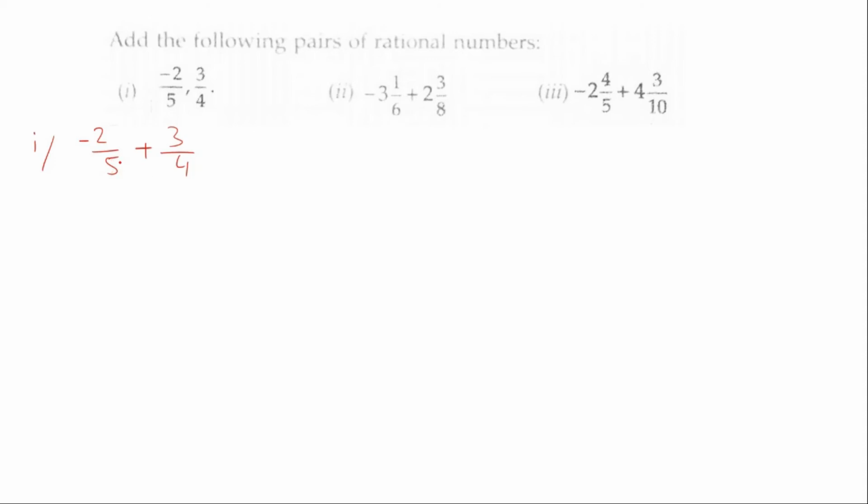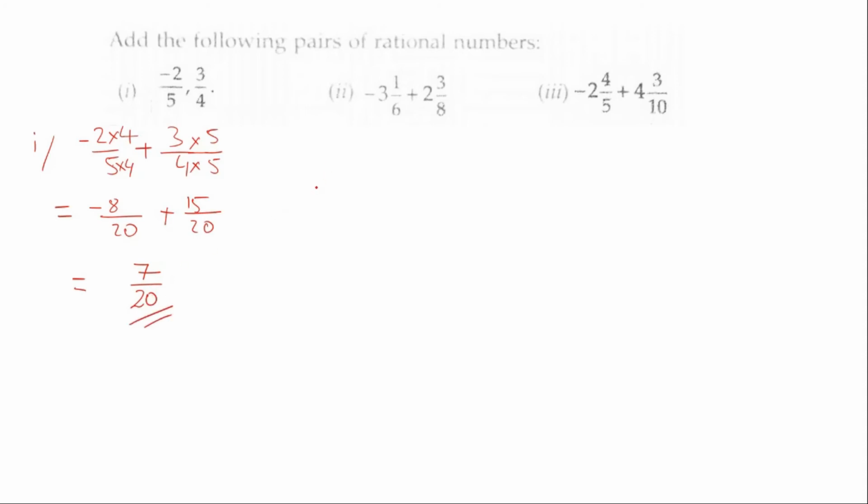Or one better way is to multiply the denominator of the second one with the first one and the denominator of the first one with the second rational number. What will it be? Minus 8 by 20 and 15 by 20. So when you solve it, it will be 7 by 20.